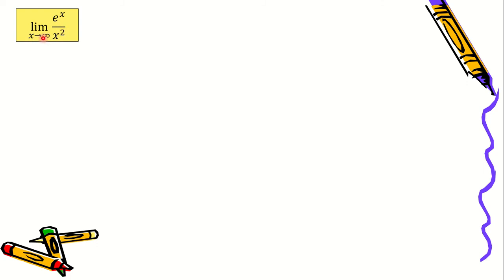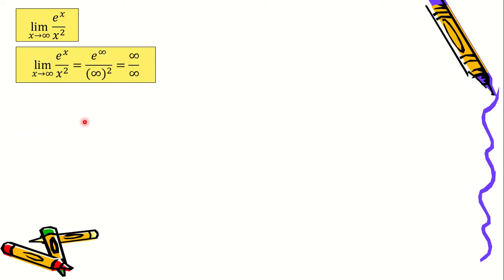So let's see if we could use direct substitution first. So we substitute x with infinity. So we have e raised to infinity divided by infinity squared. So what is e raised to infinity?